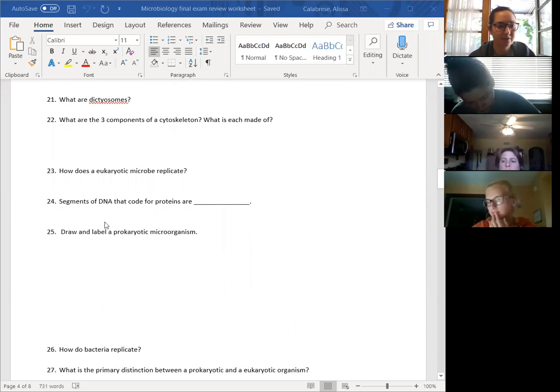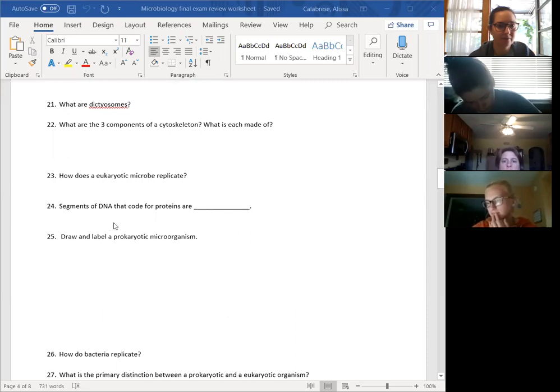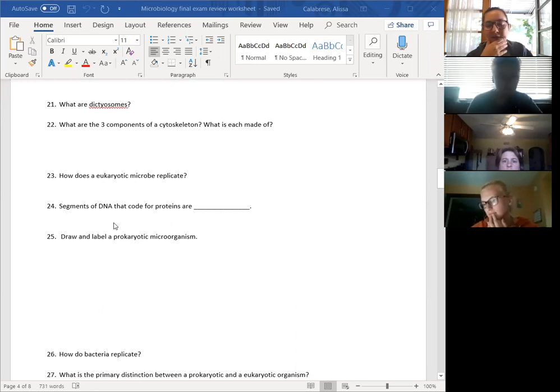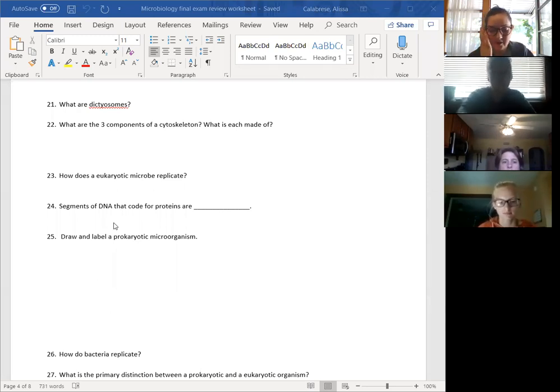All right, let's think back to a little bit of our cellular synthetic processes. So if I'm copying a DNA molecule, that's replication. If I am taking part of that DNA molecule in order to create a protein from it, what's that process called?